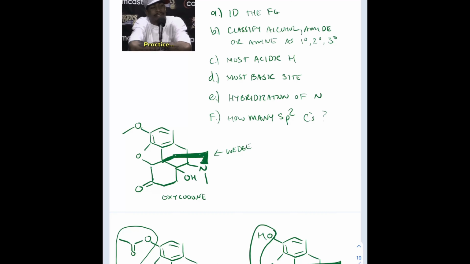So really interesting stuff. Chemistry is in the news every day, you just don't even know it. All right, so back to this actual practice problem, stuff that's more relevant to the class.